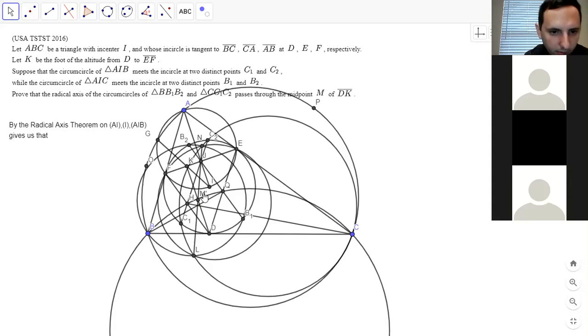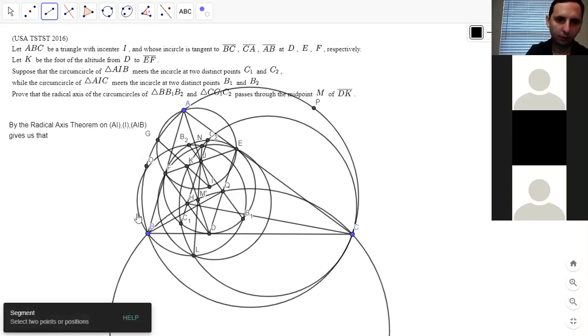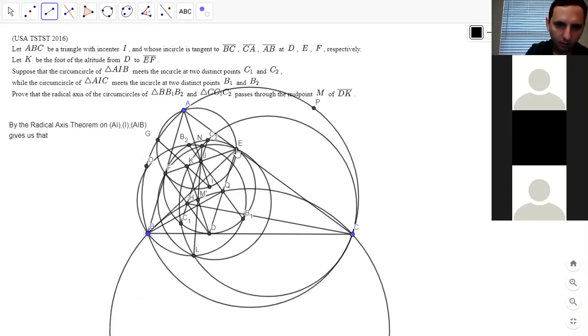Let's see. Should I draw the Gergonne point? I'm just going to do it.